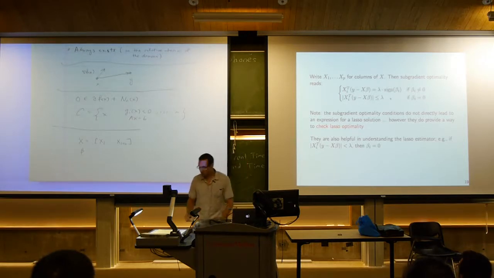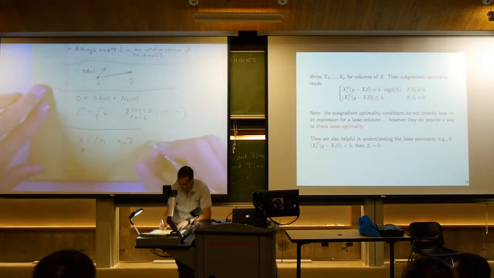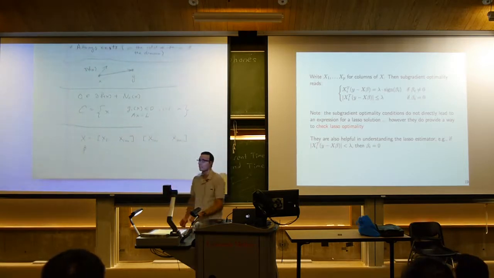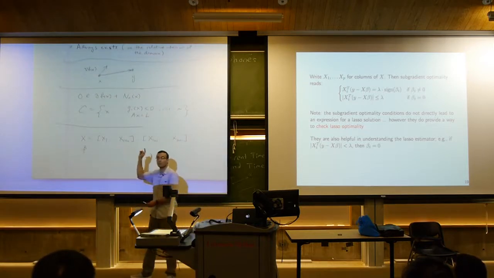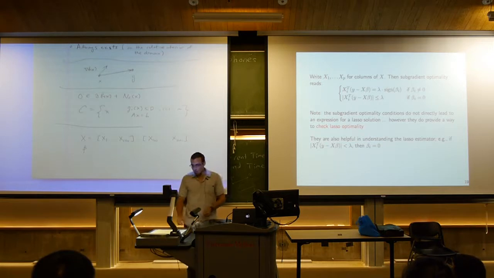Let's suppose now that somebody came along and gave you more columns of X, so let's say x_101 through x_200. And they said, actually, I'd like you to solve the lasso on all of these variables, not just the first 100, but on all 200. And you're sitting here with your solution that was the solution for the first 100 variables.